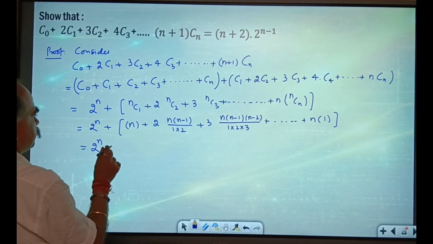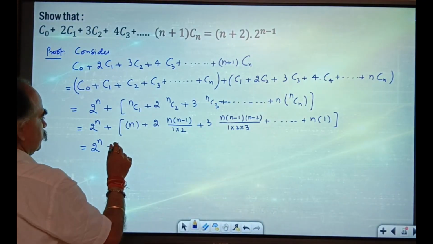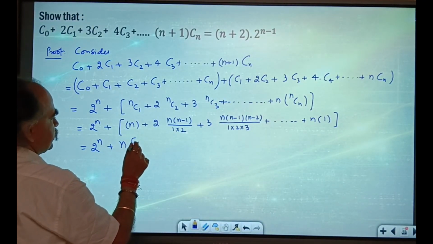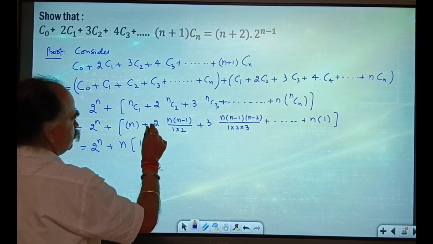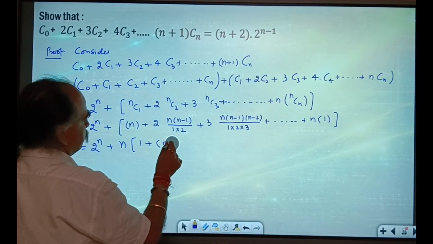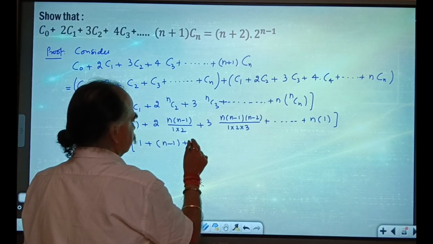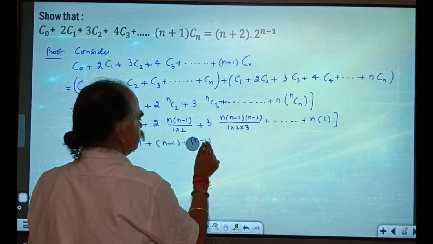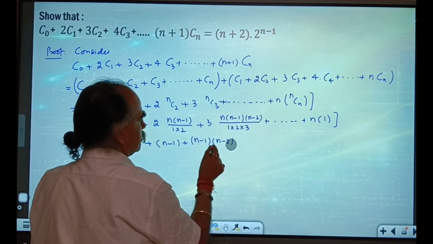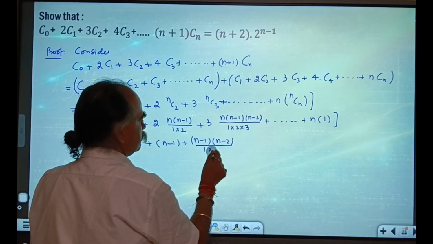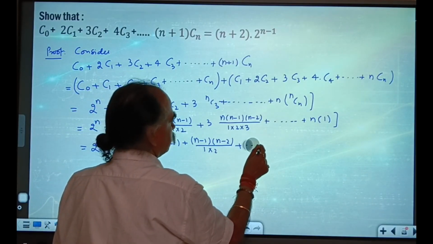2 to the power n is there, plus we will take n common. When you take n common, you get 1 plus 2 cancels, n minus 1, plus 3 cancels, so n minus 1, n minus 2 upon 1 into 2, plus so on.